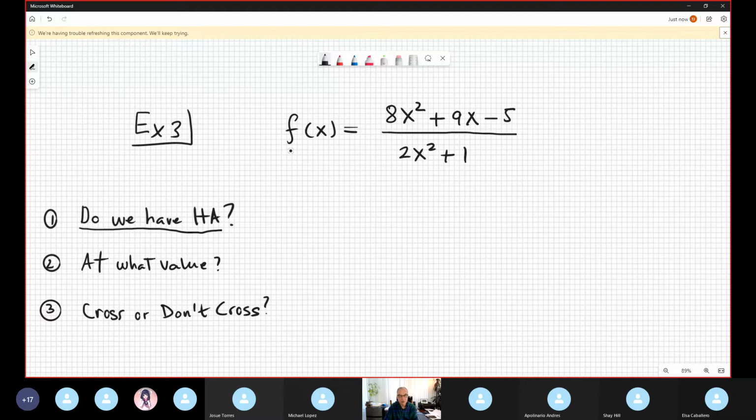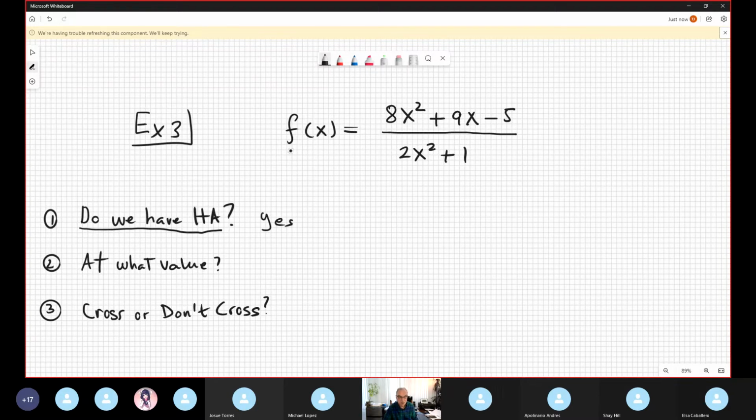We have a horizontal asymptote, yes or no? And a justification why. So it's 50-50, either yes or no, but with a justification why. Come on, who's there? Yes. Josué Torres says yes. Why? Reason.